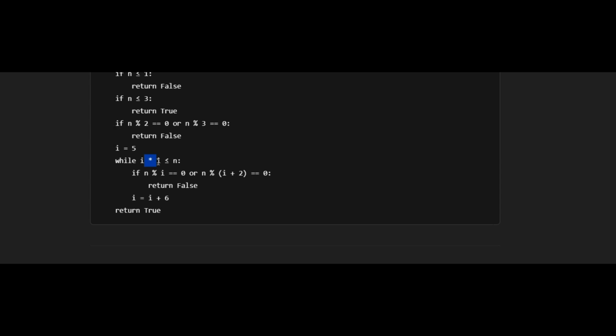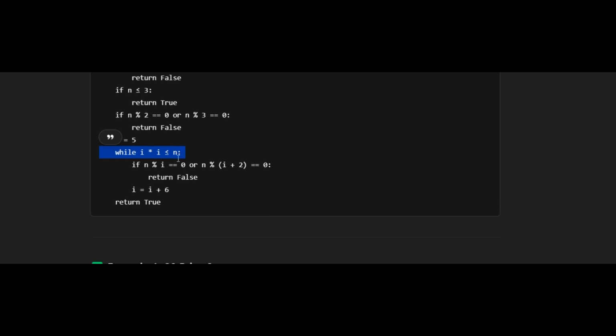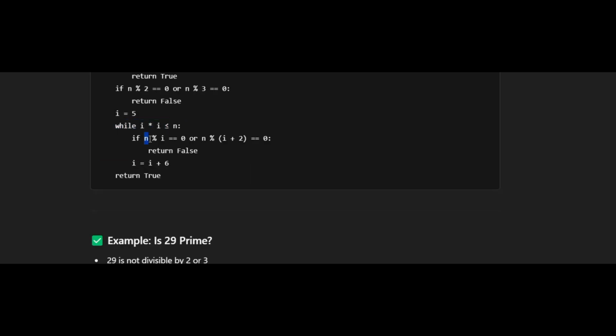Inside the loop we check if n mod i equals 0 or n mod (i plus 2) equals 0. This tells us that n is completely divisible by i or by i plus 2, so it's not prime. And then we increment i by 6.